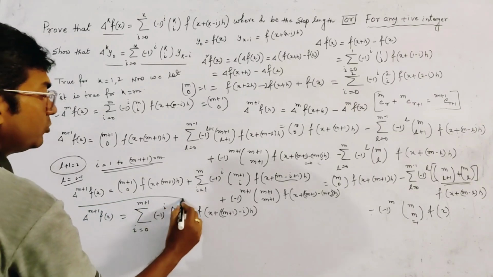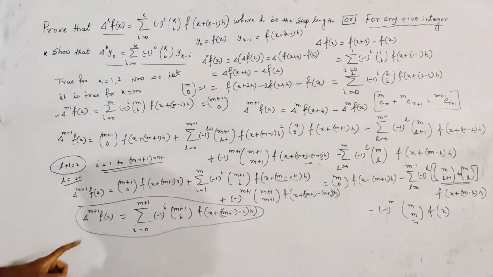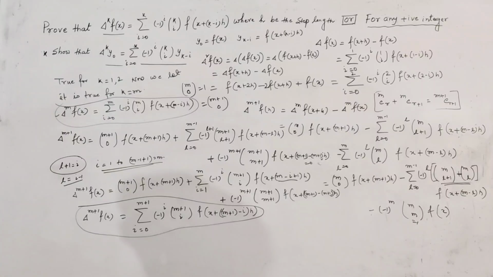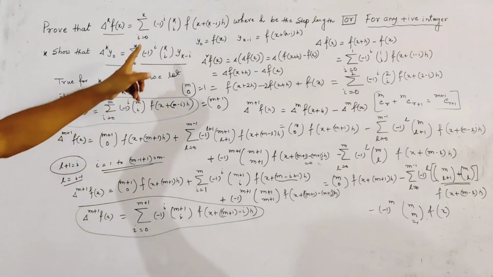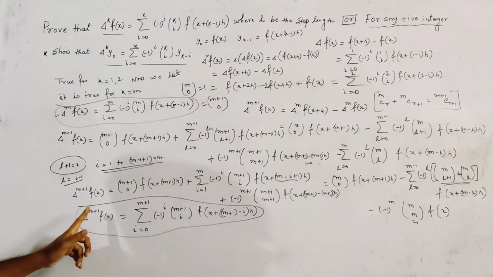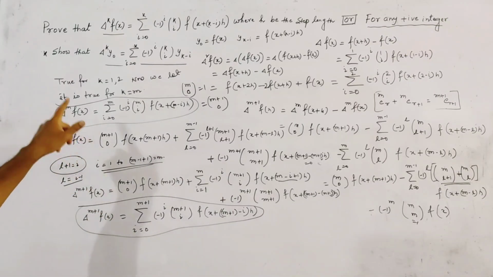And clearly if we look carefully, delta to the power m plus 1 f x and delta to the power m f x, we say that the given relation holds for k equal to m plus 1 if it holds for k equal to m.